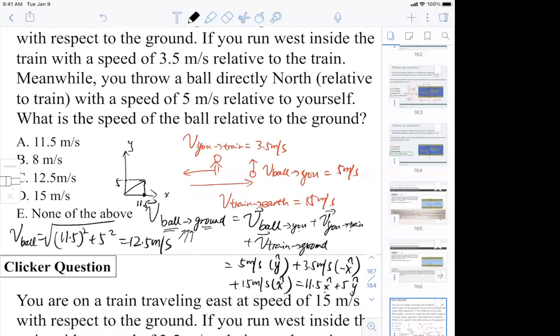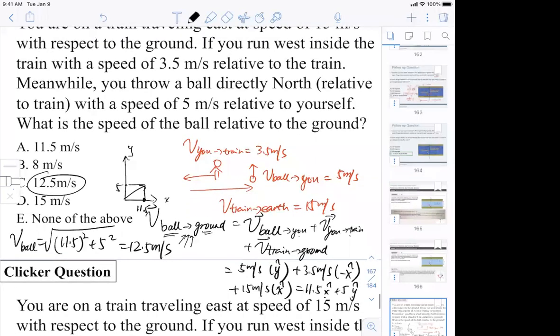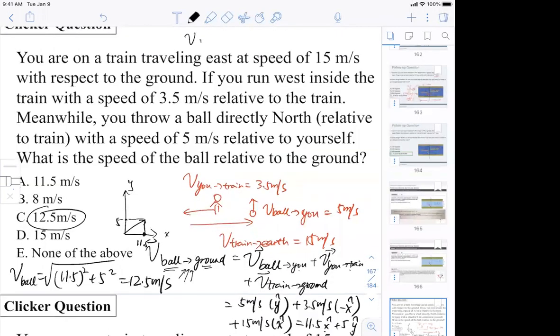So yes, C is the correct answer. So you can see in relative motion, you mostly need to make sure you follow this vector addition equation. You have 3 objects, insert 1 more in between.